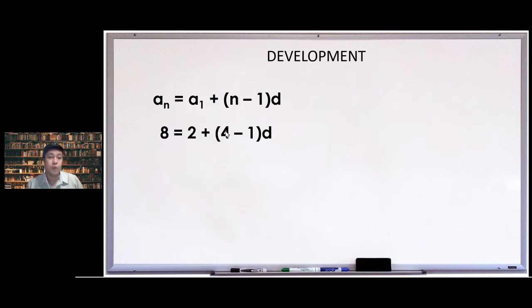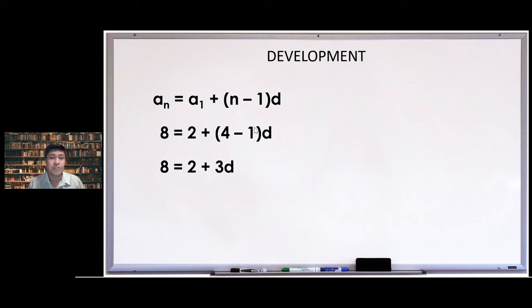So n is equal to 4 minus 1 times the common difference. The idea here is we must be able to find the common difference in order for us to add this fixed number to our preceding term, in order for us to get a sub 2 as well as a sub 3.